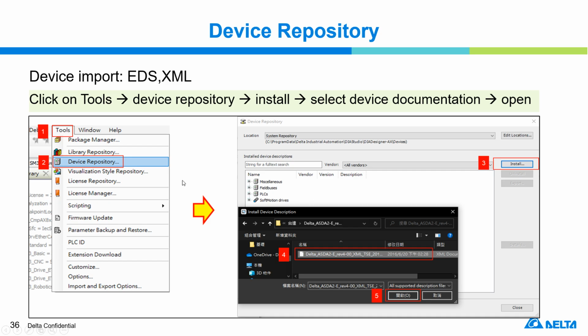The step is you need to connect the tools, open the device repository, and install the XML file or EDS file. Then when you add the device or scan the device, our AX controller can recognize it. Otherwise, it will not show. You cannot add it to the control tree.